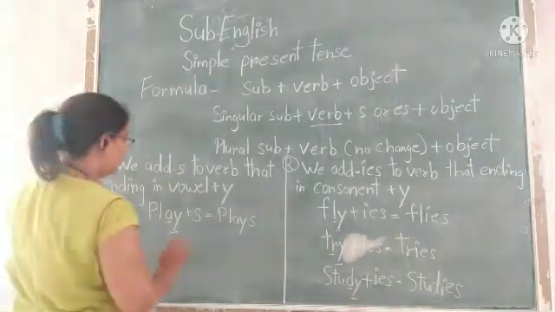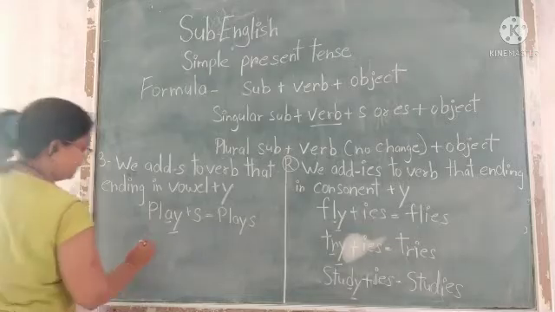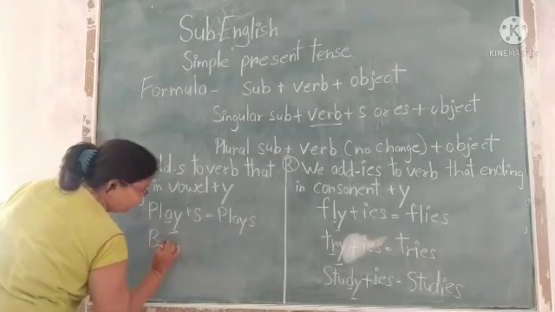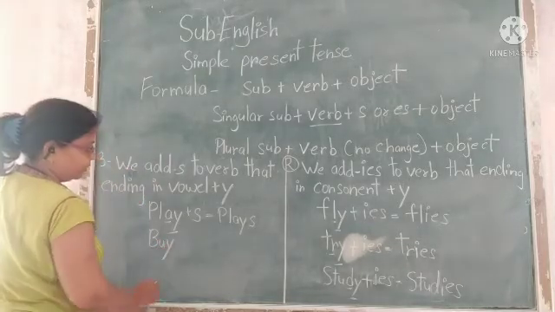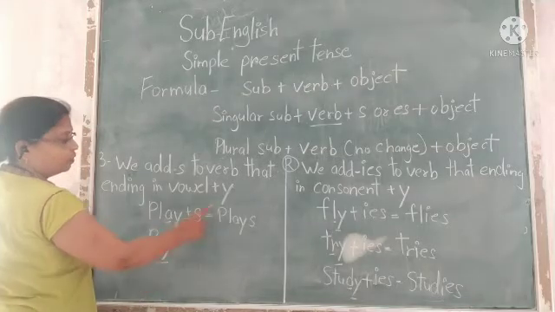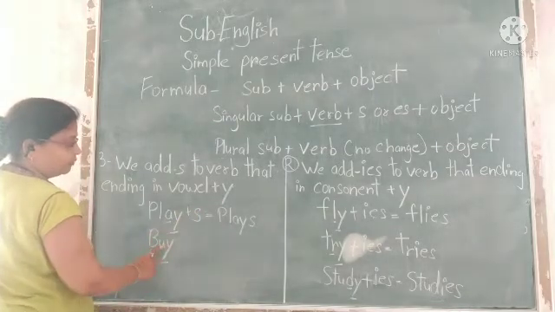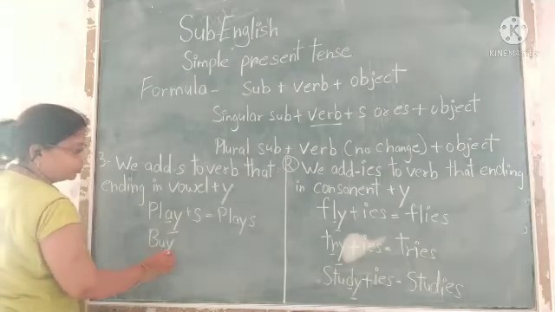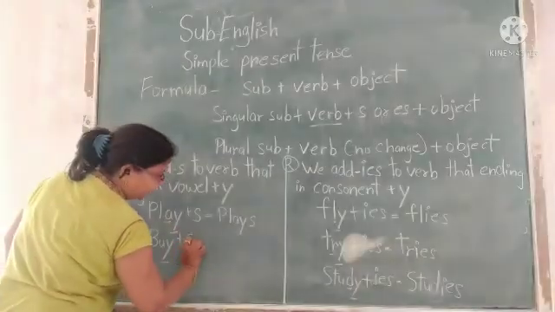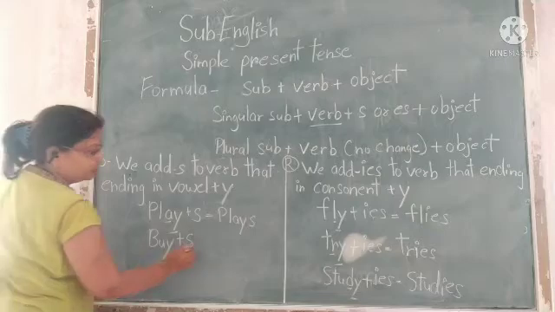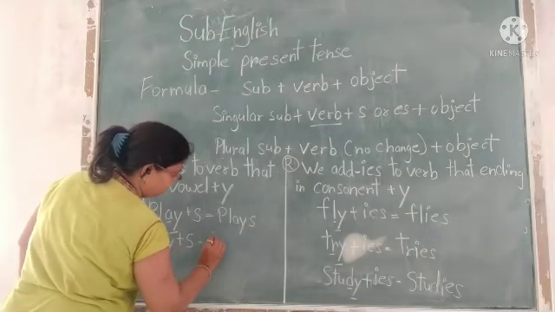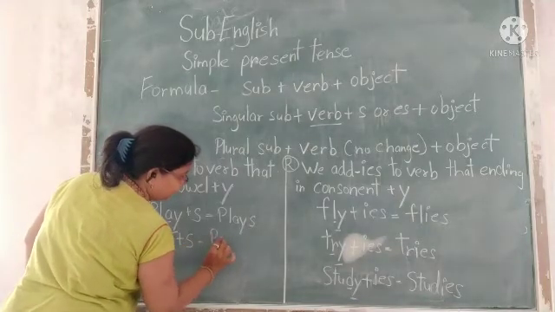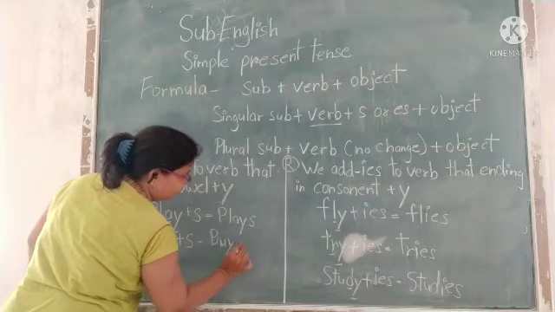Now look at next example, buy, B-U-Y. Look at its ending letter is y, and before y we find the vowel u, so we add s in this verb. So our verb will be buys, B-U-Y-S.